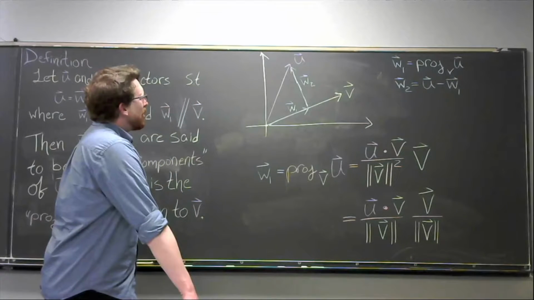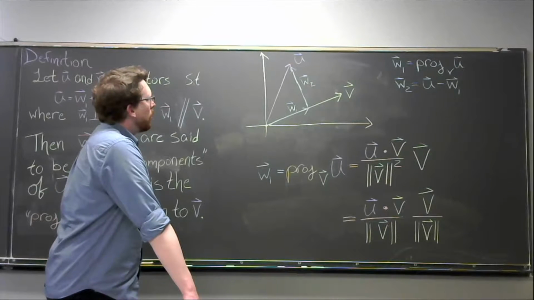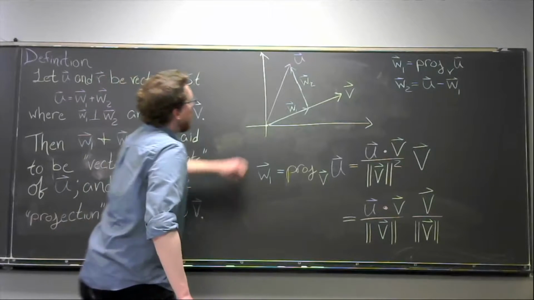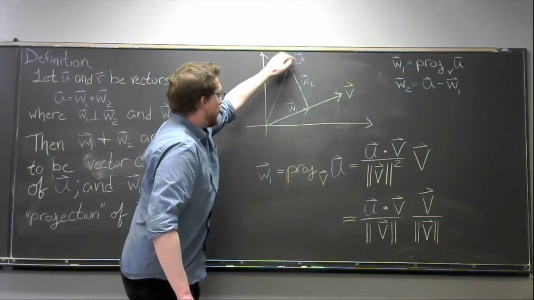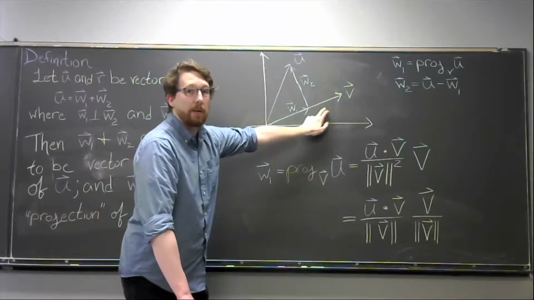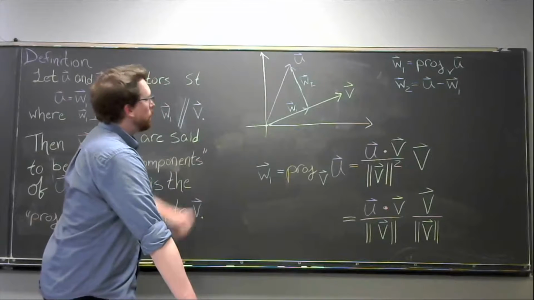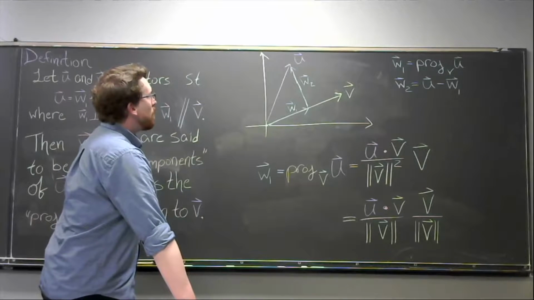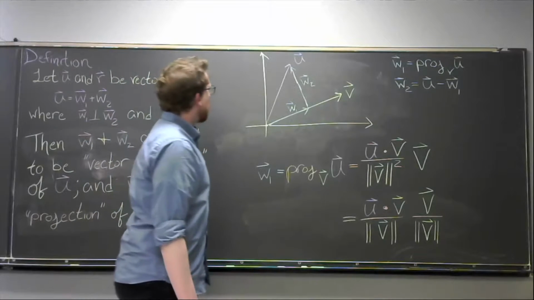Now, for a split second, I want y'all to imagine something. Imagine you've got a flashlight over here. You're shining it down onto u in a direction perpendicular to v. I want that flashlight held at a right angle. We can imagine you casting a shadow onto v. That's pretty straightforward.